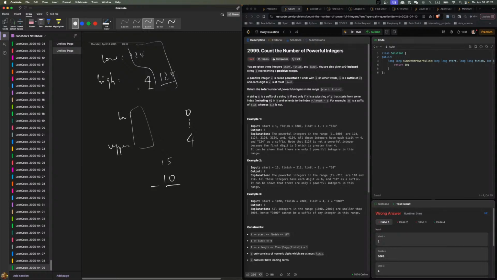And if the previous one's already at the limit, then you have to just keep moving to the left. So we keep moving to the left until we find the first one that can increment, right? Once it increments, everybody else becomes 0.